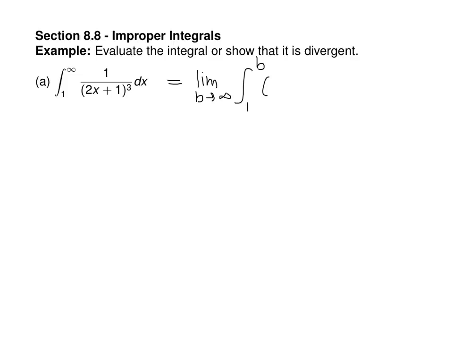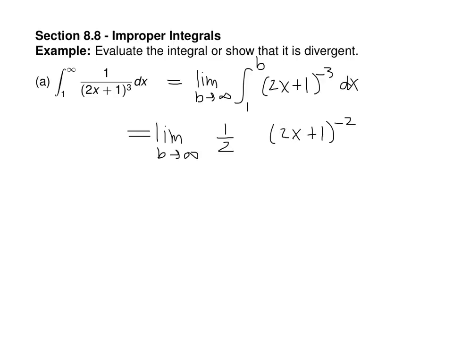And this is 2x plus 1 to the negative third. So now if we anti-differentiate 2x plus 1 to the negative third, we're going to have a 1/2 times 2x plus 1 to the negative second divided by negative 2, evaluated from 1 to b.